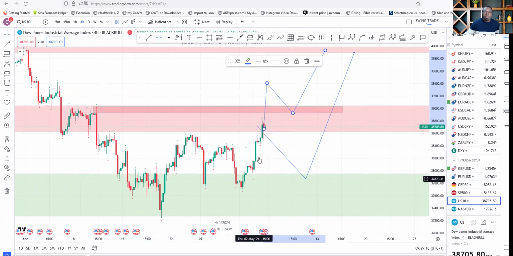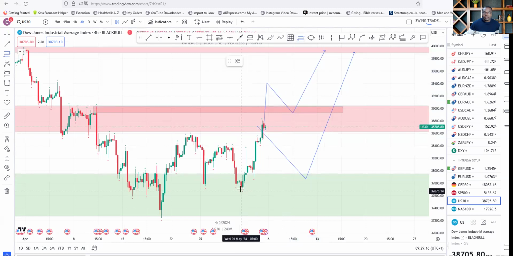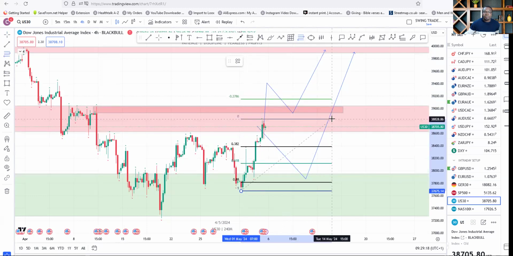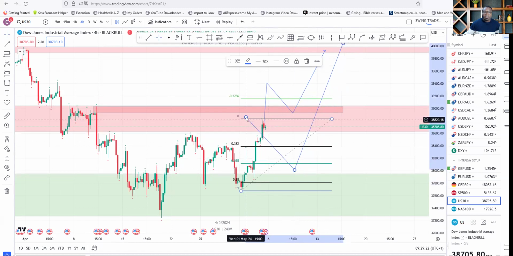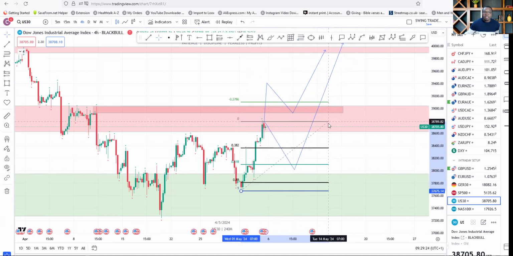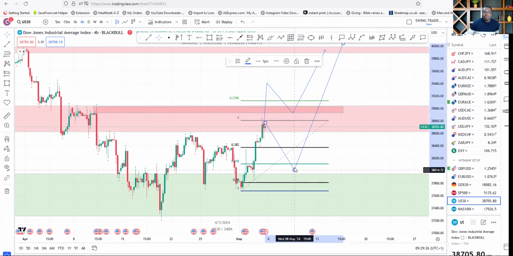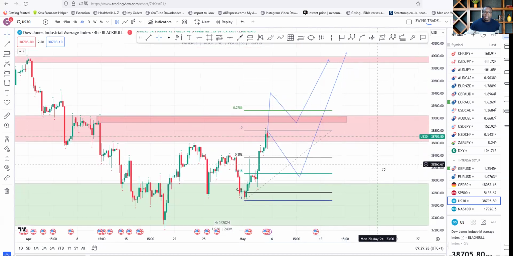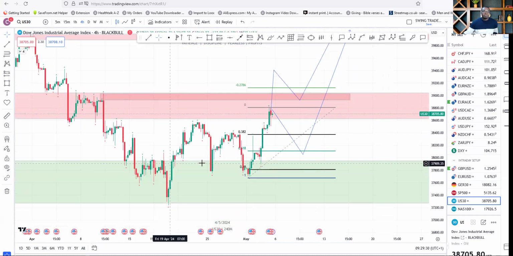But the thing is, price may pull back, maybe because of the swing. If you put your fib there, for instance, and you measure that high, you might see that price may pull back into the 61 around this area, and then probably give you an opportunity to buy the market again. So this is what I'm looking at. We're bullish on US30 and we stay bullish.